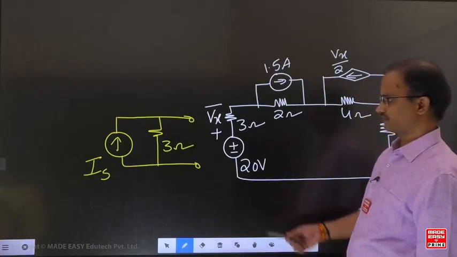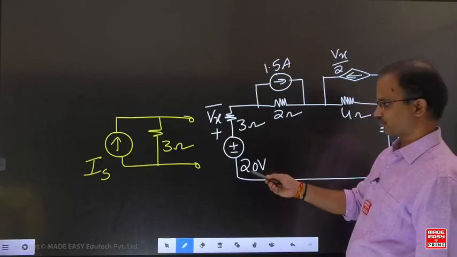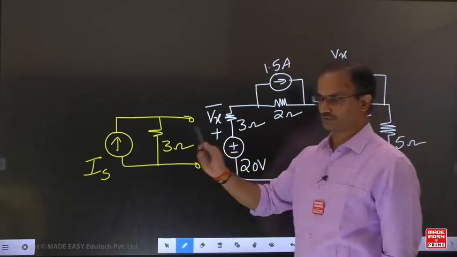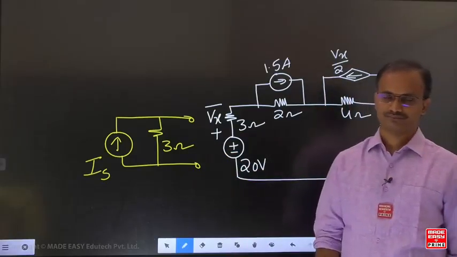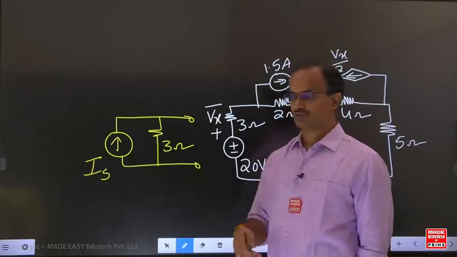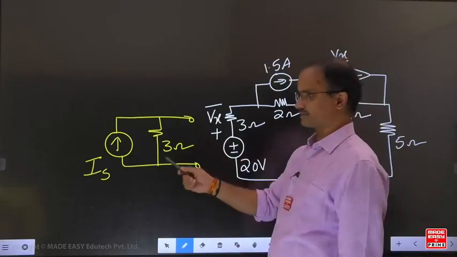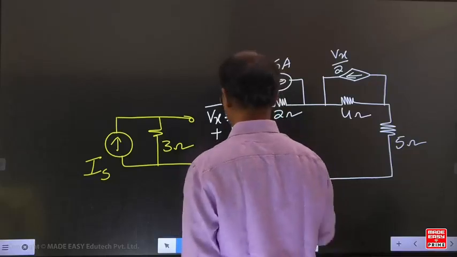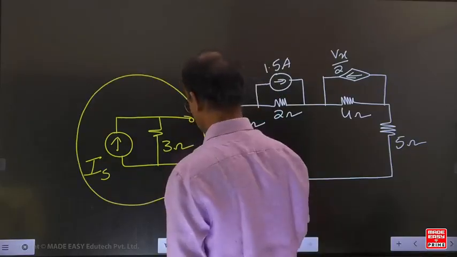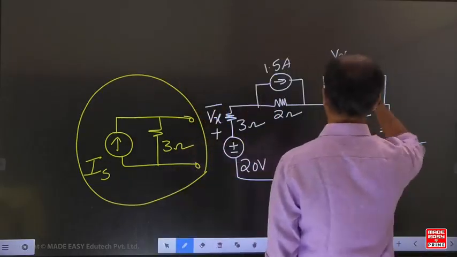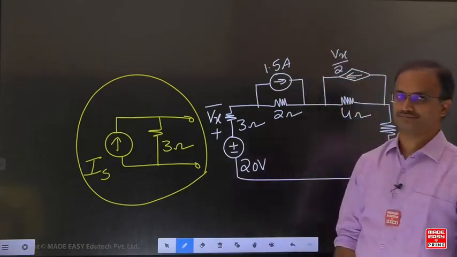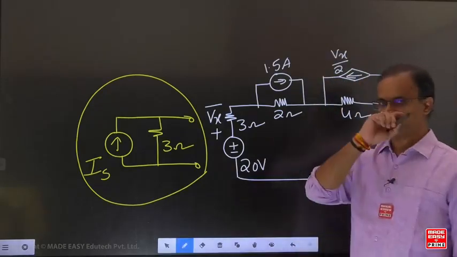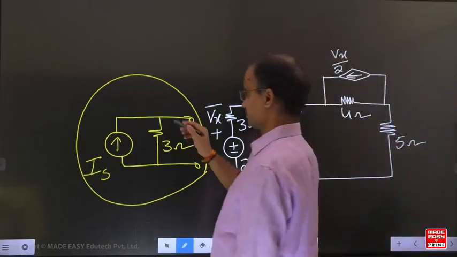That means in this example, suppose you apply transformation for this one, what do we get? Voltage source transformed into an equivalent current source. If you transform this one, the voltage of the 3 ohm resistance changes, thereby this dependent source value also changes.